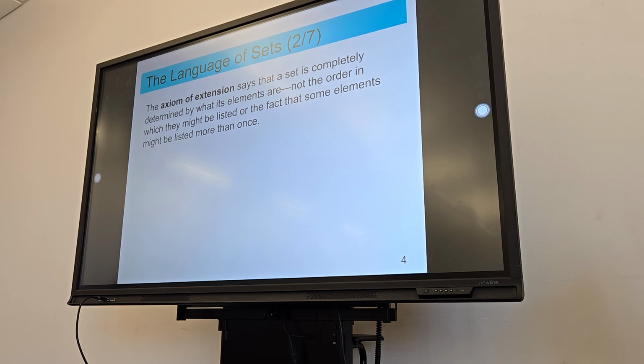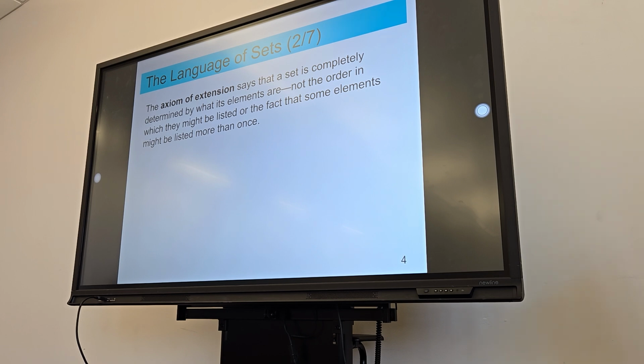The axiom of extension says that a set is completely determined by what its elements are. It doesn't matter what order they're in or if there's repeated elements. This is not like an array in C++. An array in C++ is ordered, and if there's a duplicate, there's a duplicate.